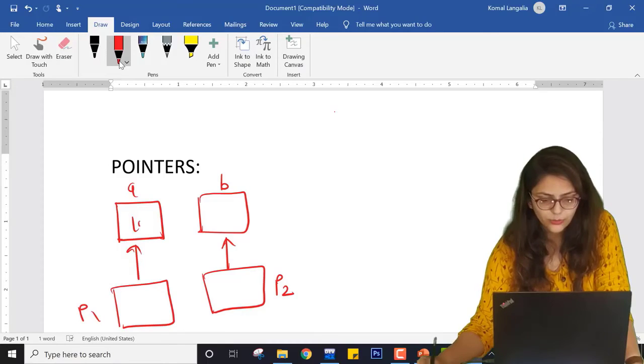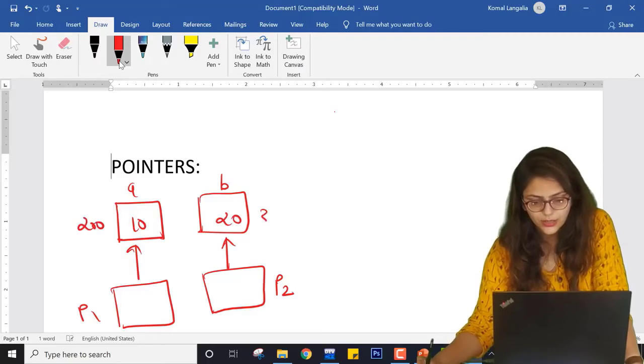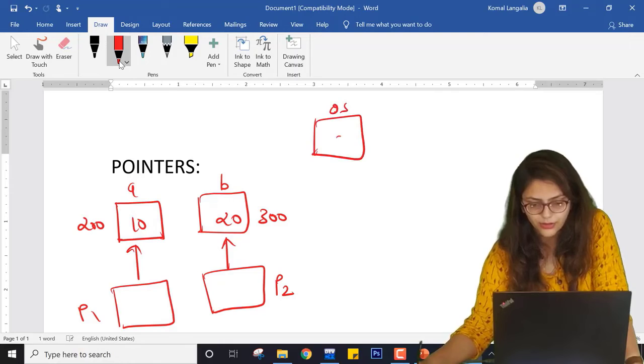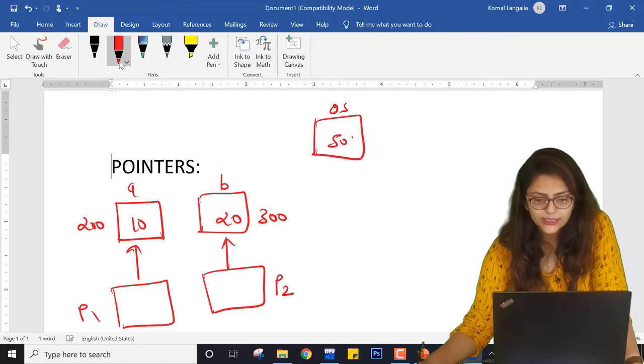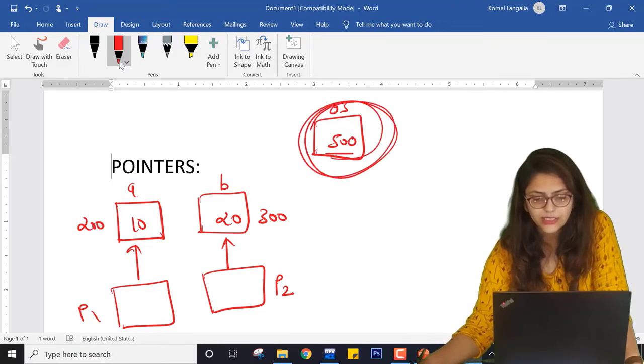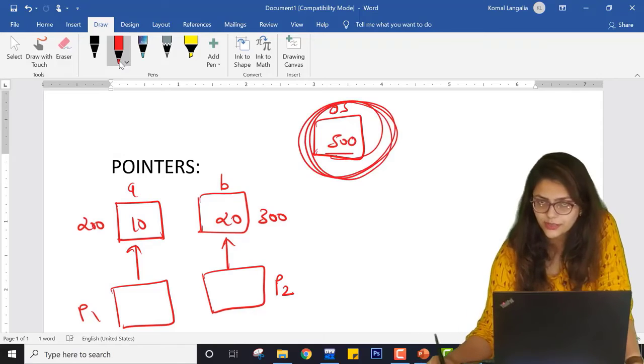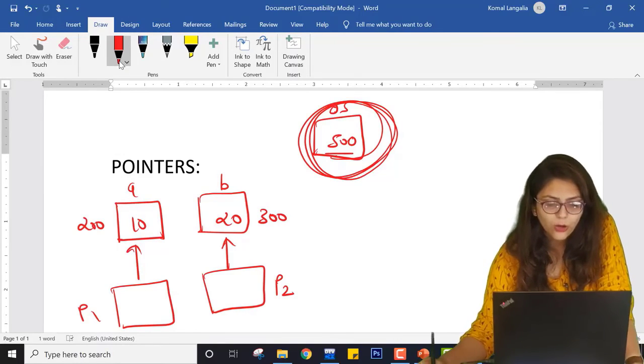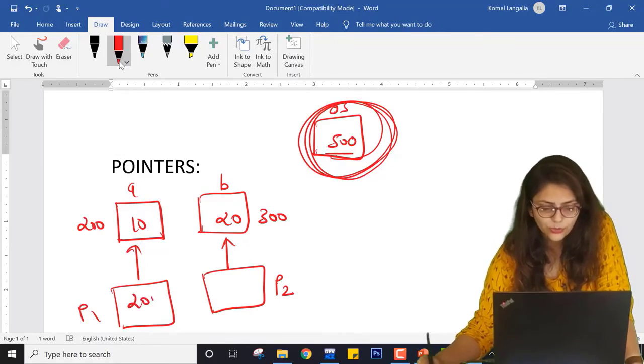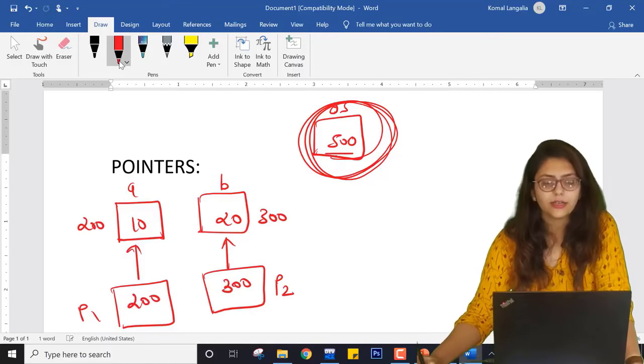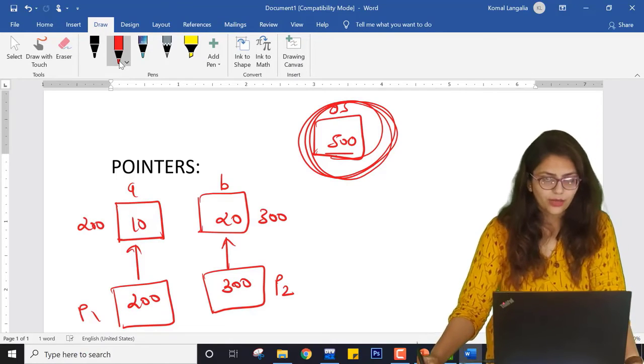Here the values are 10 and 20, and suppose this address is 200, this address is 300, and my OS is on address say 500, so address 500 is occupied. Now inside P1 the value is 200, inside P2 the value is 300. This is how you can declare pointers and variables, right?